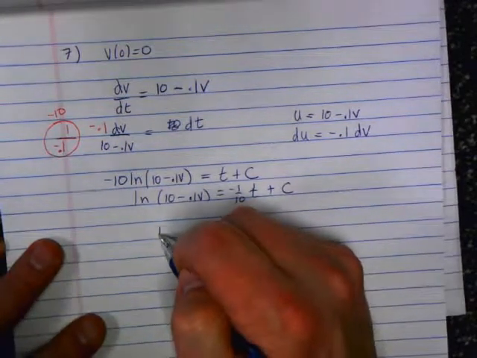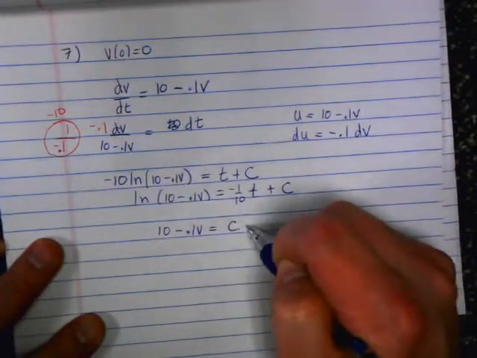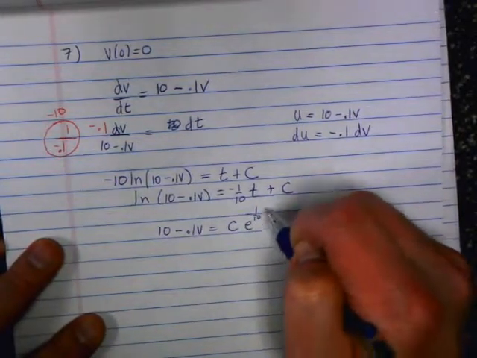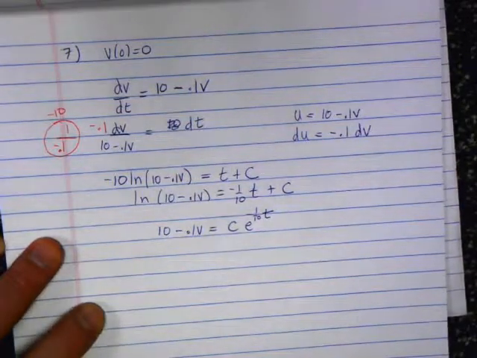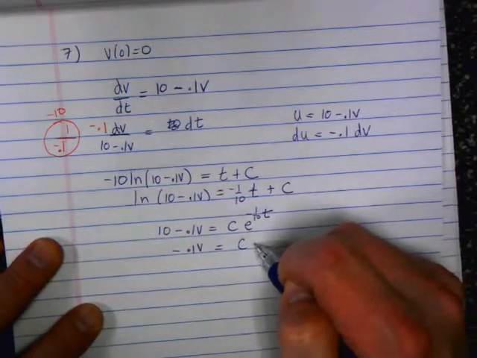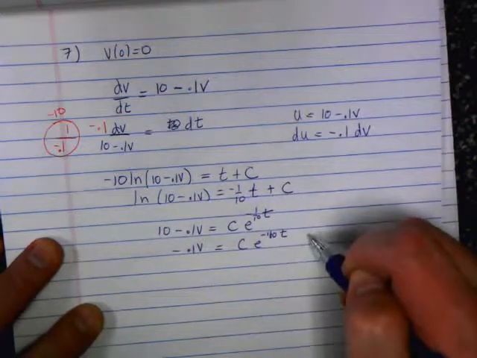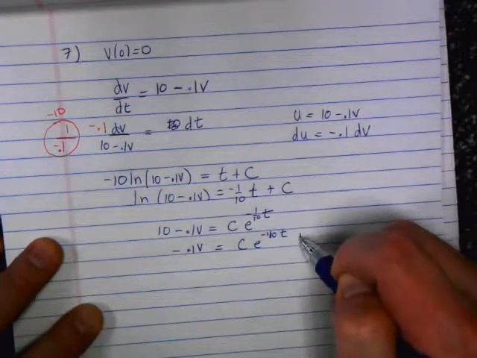Exponentiate: 10 minus 0.1 v is c e to the minus 1/10 t. Minus 0.1 v is c e to the minus 1/10 t minus 10.